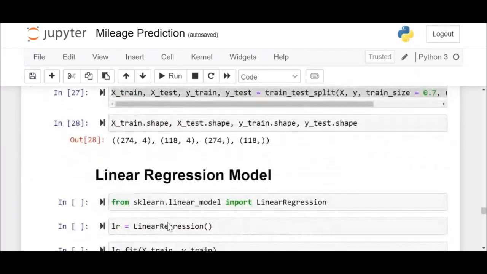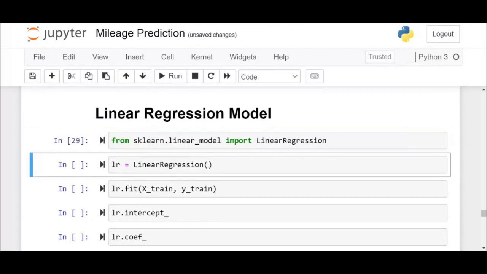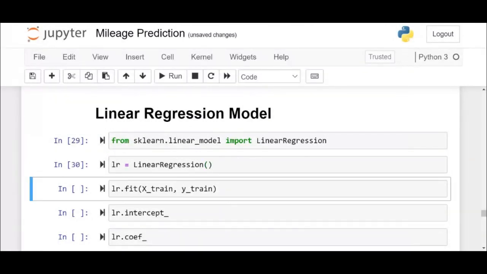Now let's move ahead. We will be using linear regression. This linear regression machine learning algorithm is from the linear_model module of the sklearn library. We initialize this function and give it the name LR. So LR is now our linear regression model.